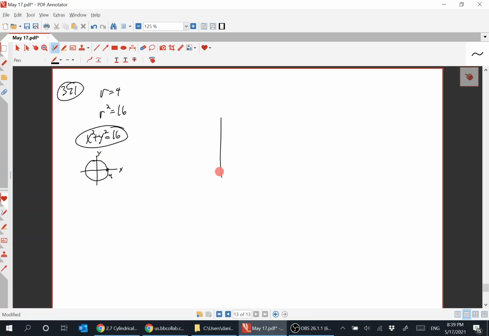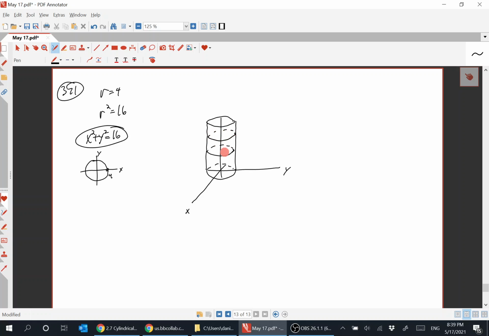Right, so you take that circle in the xy plane of radius 4 and you just extend it along the z-axis, because z can be anything. X and y are constrained in this circular fashion, but z can be whatever you want.